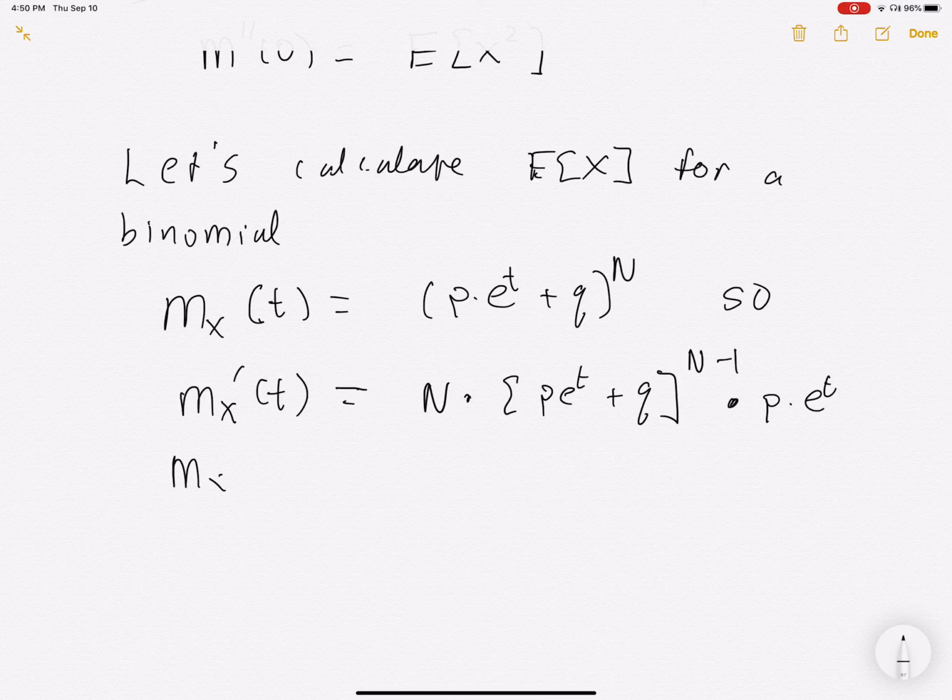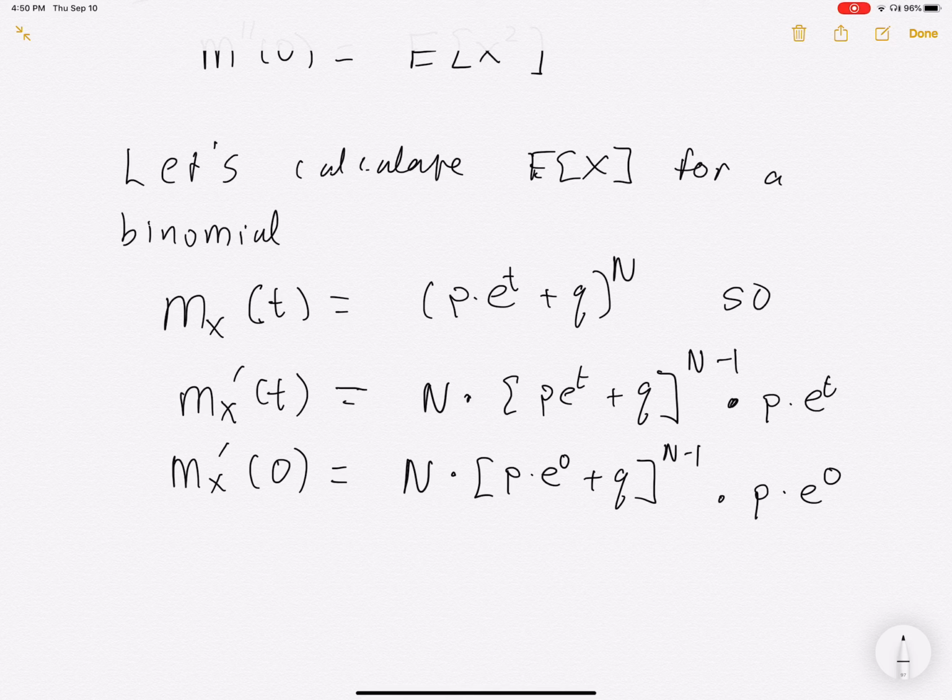Now we're going to plug in 0. When we plug in 0, I'm going to have n times (p e^0 + q)^(n-1), times p times e^0.